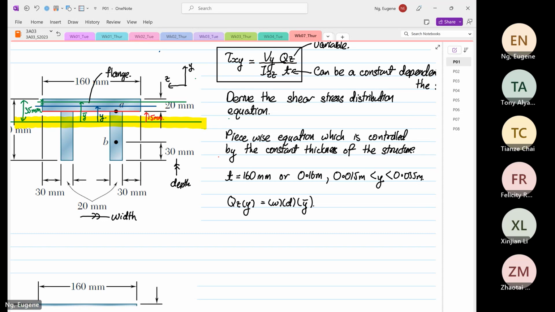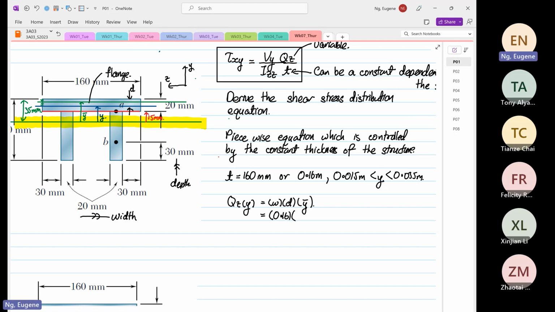Okay, so the width for this case is a constant. So the width is 0.16 meters. Now the depth, the depth thickness, is this thickness over here. This is our depth.